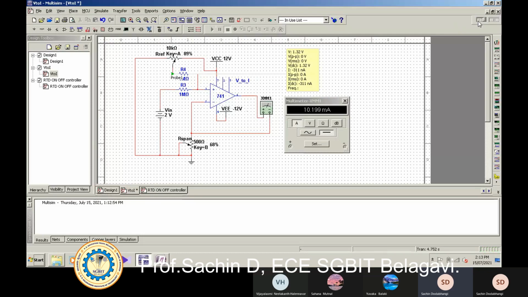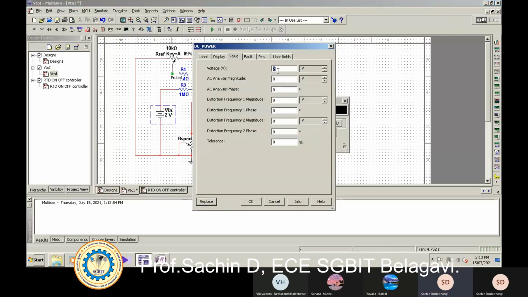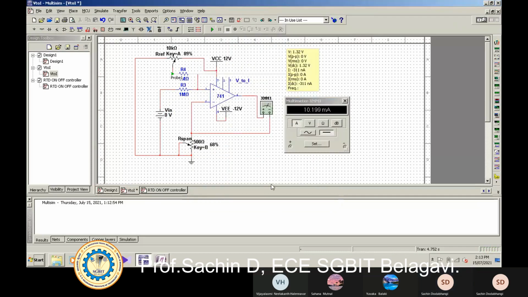For that, I have taken the pot. That pot is going to supply some extra reference voltage. So this is about the first practical, out of syllabus, V2I converter using op amp.